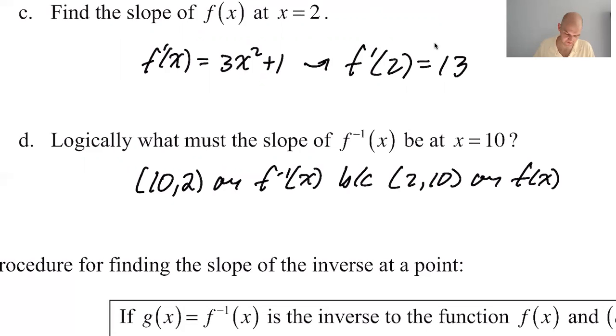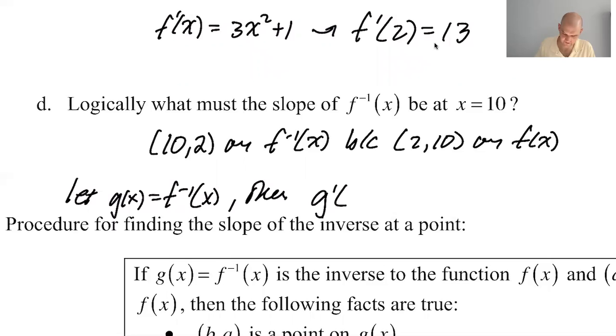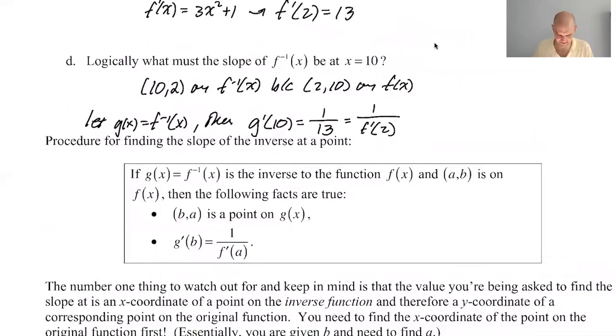This is why we say g of x. I let g of x equal f inverse, then we're going to find g prime of 10, because 10 is the x coordinate for g of x. G of x is f inverse, and (10, 2) is on that function. g prime of 10 should just be the reciprocal of what we got, so 1 over 13, which is 1 over f prime of 2.